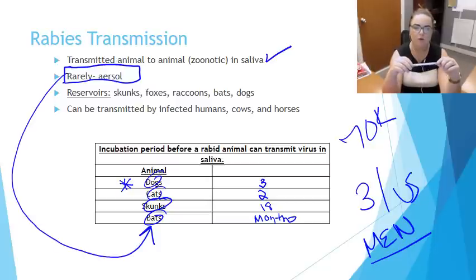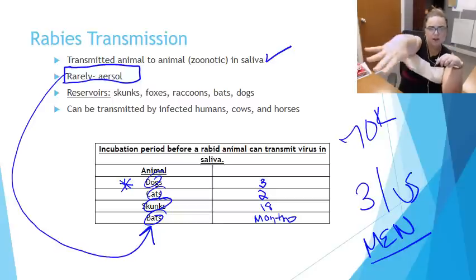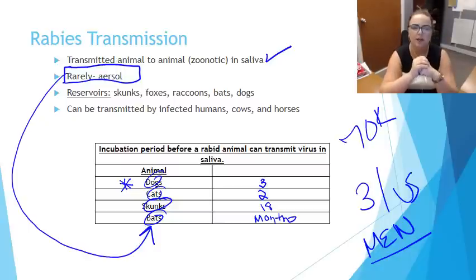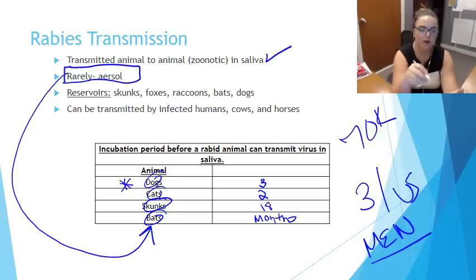Now, you are tending your herd, and one of them appears to be foaming at the mouth, having difficulty breathing, you're going to run over there and think your cow is choking and try to save it. And so you reach into the cow's mouth to try to get out whatever is potentially harming your cow, and the cow bites you. And that is a way that you could get infected from your cow.